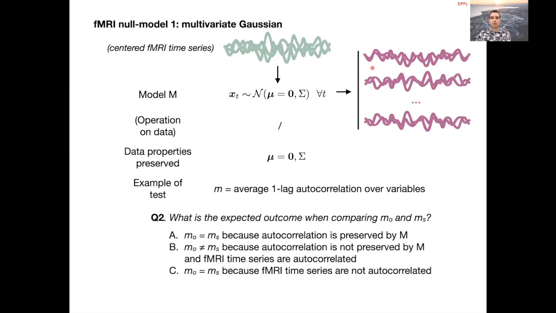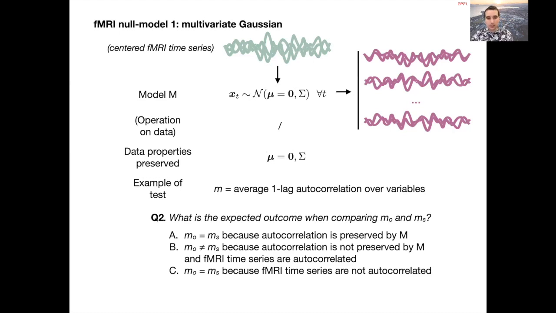So what is the expected outcome when comparing MO and MS? Will it be A, MO is equal to MS because autocorrelation is preserved by M? Is it B, MO is different because autocorrelation is not preserved by M and fMRI time series are known to be autocorrelated? Or will it be C, MO is equal to MS because fMRI time series are not autocorrelated? Again, take a few seconds to think about it.